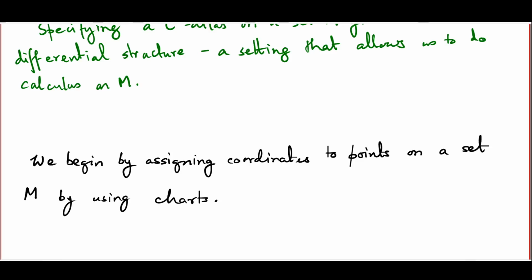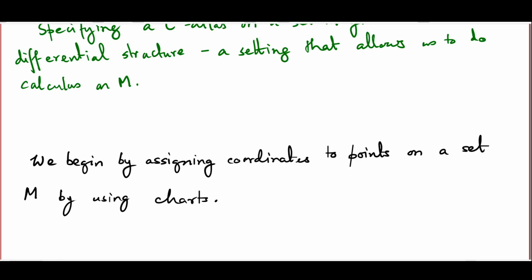Basically, this allows us to convert problems involving structures on the set M, like functions defined on it, or more complicated structures that we are going to meet later, essentially into things which depend on a bunch of real numbers. So whatever we have learned about the calculus of more than one real variable can be brought to bear on this theory.